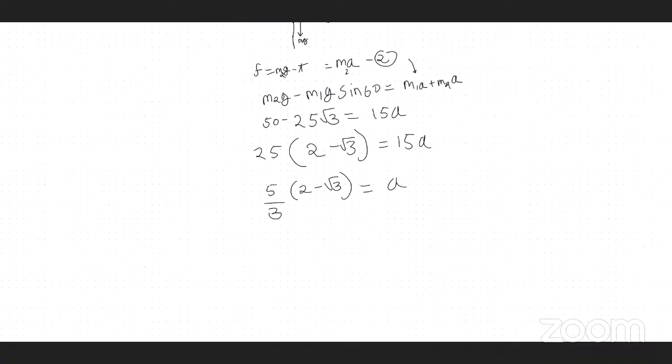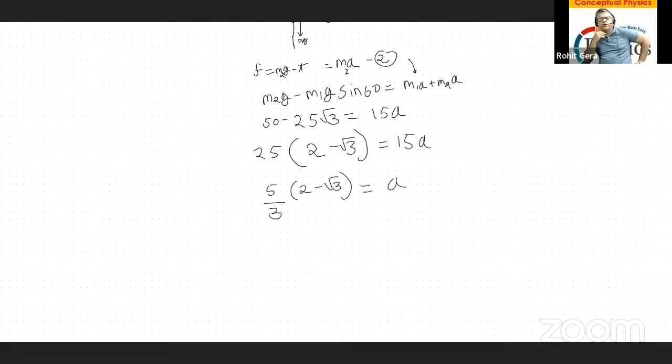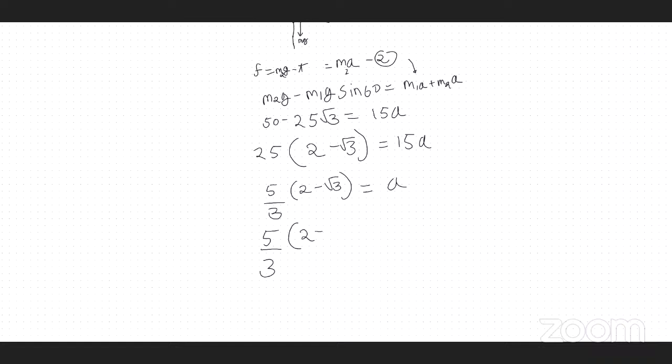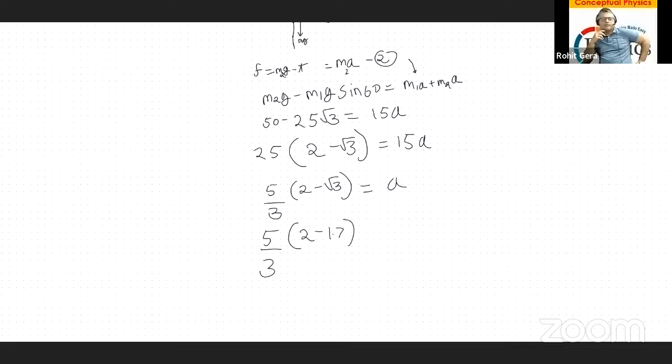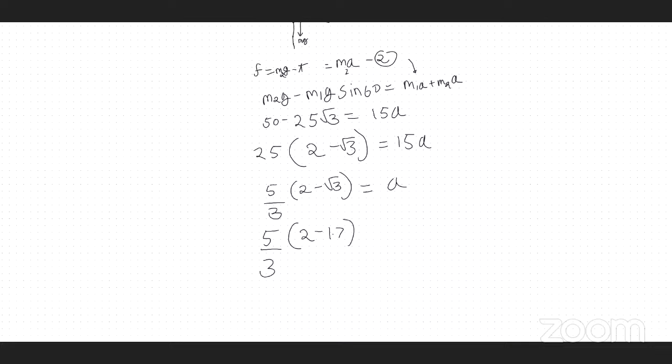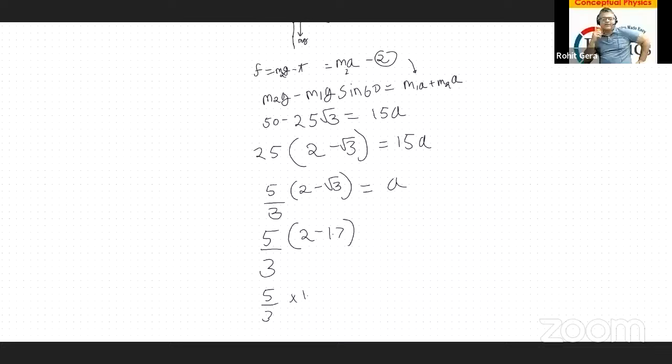You don't keep it in irrational form, no. You have to solve it. This is not maths. You can solve this, right? 2 minus 1.73 will be 0.27. Okay, take 1.7, so 0.3 will come. 5 by 3 into 0.3.